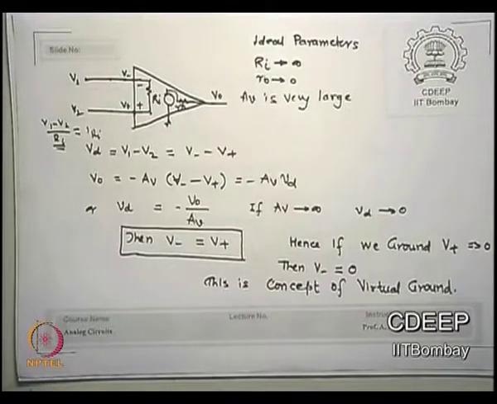Extremely small, less than nanoamps, is that clear to you? If that is very small, practically 0, we may say this potential must be equal to this potential. When the current does not flow, what is the potential at the two ends of any resistor? Same, that is why we say no current.